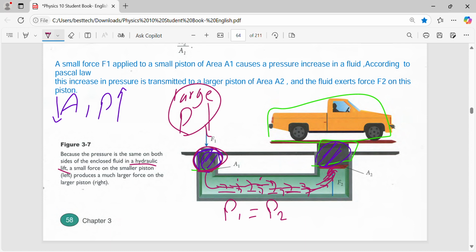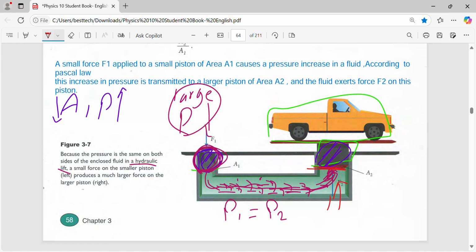The pressure that we get in the first piston, because the area is small, is a large pressure. So this large pressure is transmitted to the second piston. So here we have a large pressure, right?